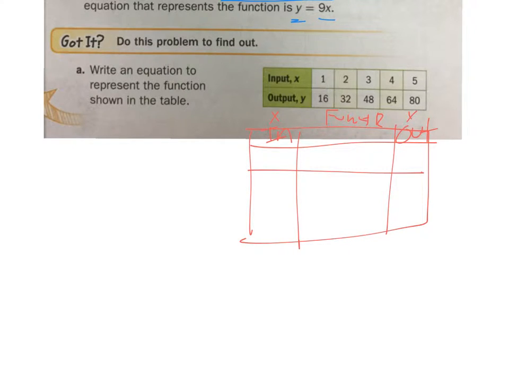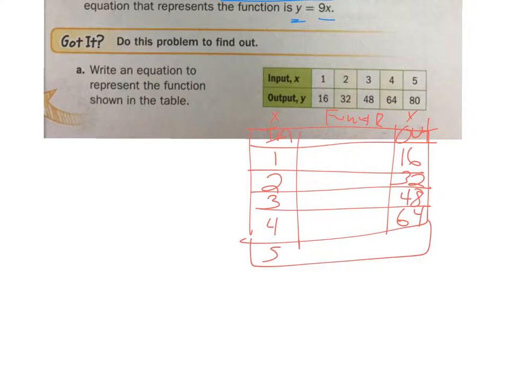Let's see what we have here. 1 goes in, 16 comes out. 2 goes in, 32 comes out. 3 goes in, 48 comes out. 4, 64, and 5, 80.